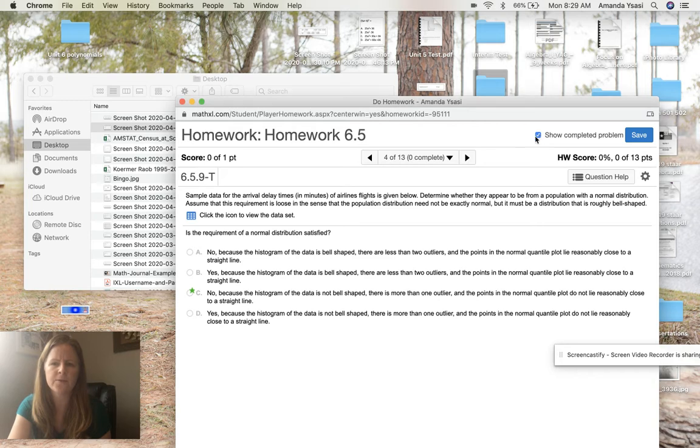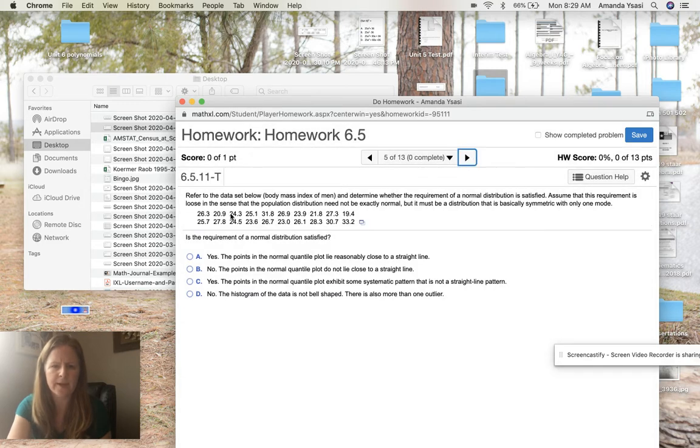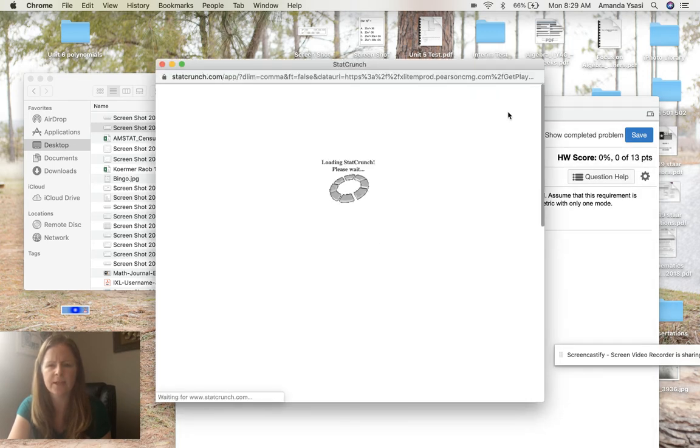Let's go to the next one. Okay, so this is body mass index of men. We're going to open in StatCrunch again.